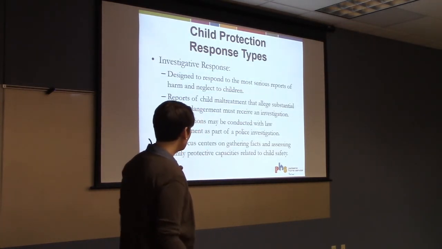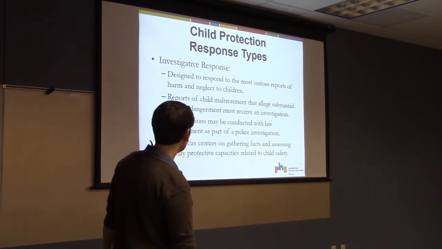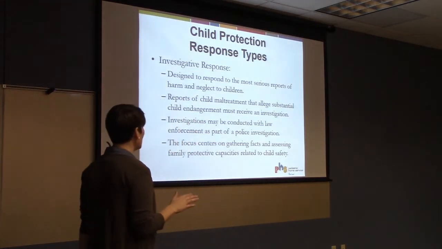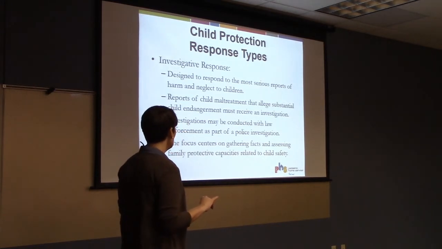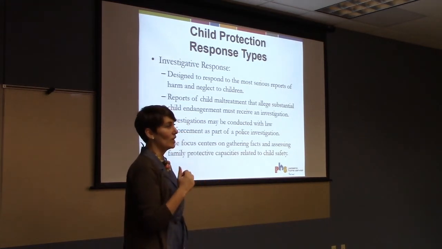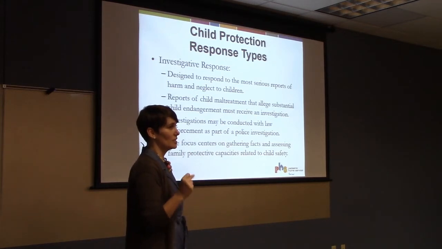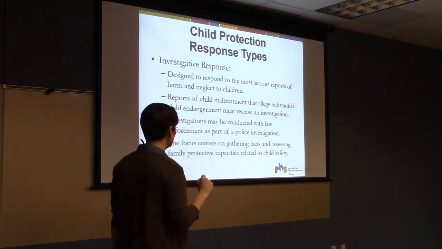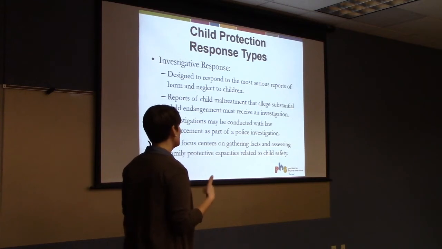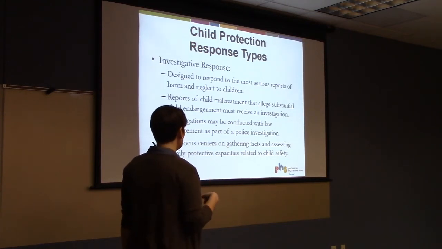So an investigative response is designed to respond to the most serious reports of harm and neglect to children. Some of the stuff that I was talking about, like physical abuse, sexual abuse, it's most likely going to be an investigative response. Reports of child maltreatment that allege substantial child endangerment must receive an investigation.